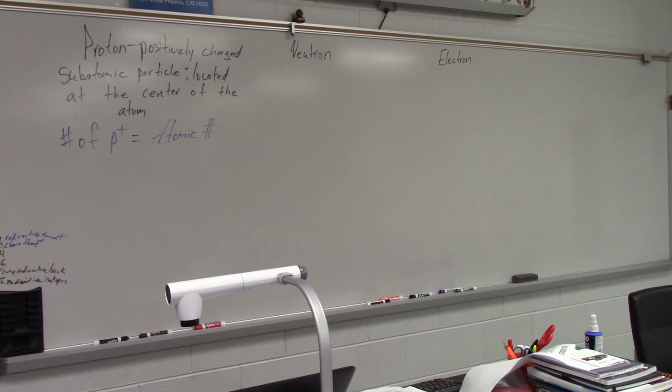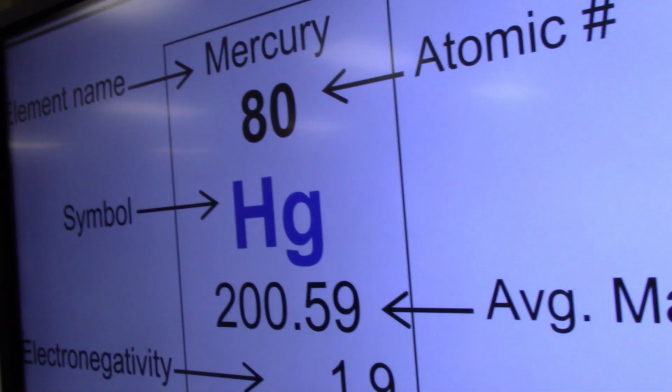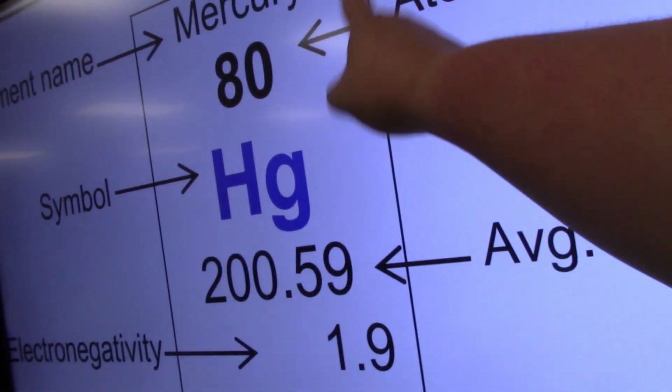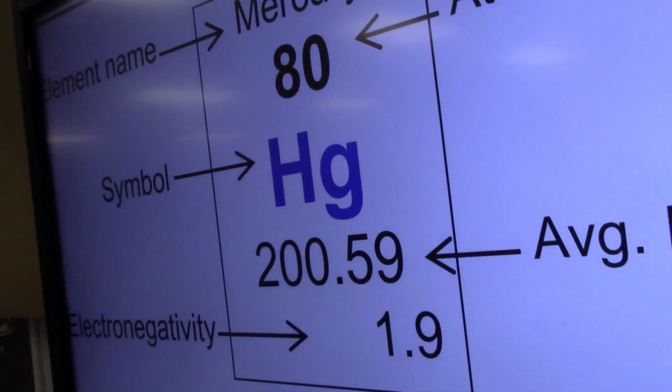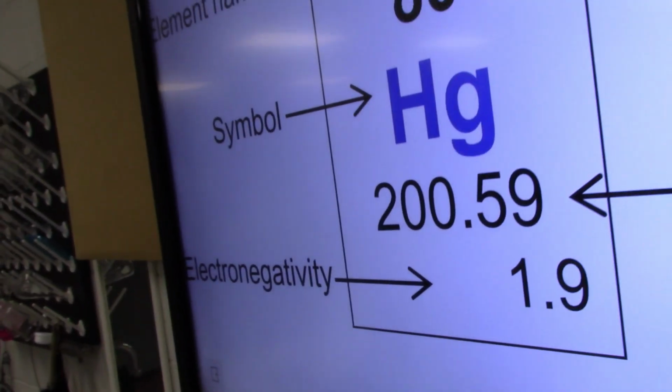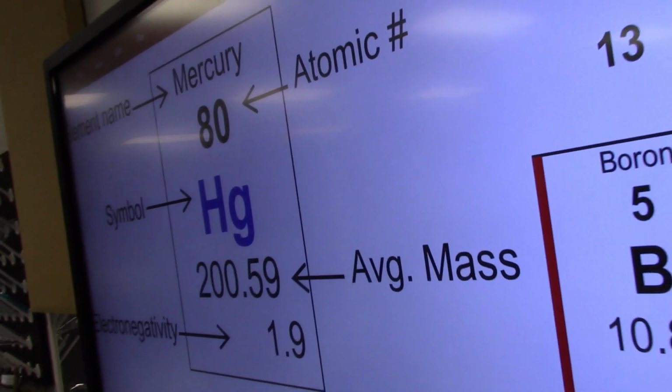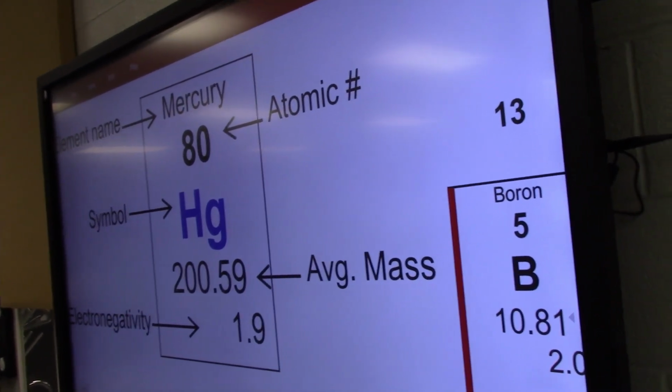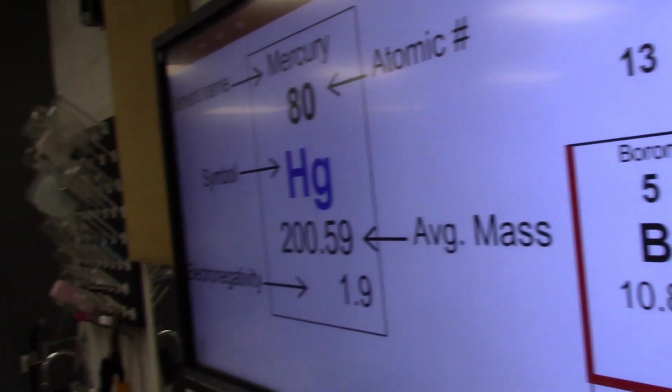Here in the center, they have an example for you so that you can look at it. Here is the atomic number, 80. And it will tell you the number of protons in that element.